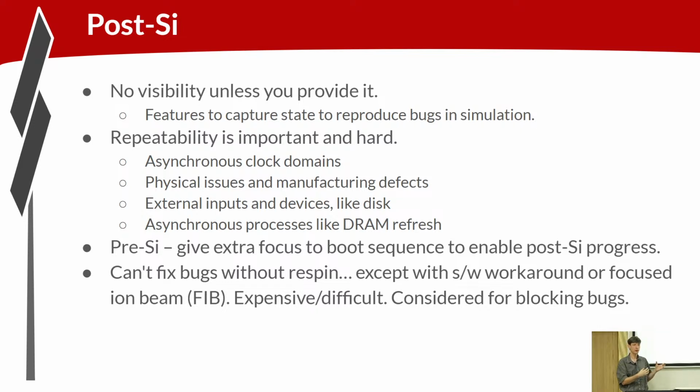So philosophically, those memory refreshes are a background process, you have some logic that sits off to the side that generates these refreshes, and the refreshes have to inject into the memory. But to inject them into the memory, they affect the mainline logic, and they affect the timing. So processes like this can make it difficult to reproduce bugs post-silicon. Even though the impact is conceptually very minimal, it's very rare we do a refresh, who cares that we're losing a cycle, but it affects our ability to reproduce things.